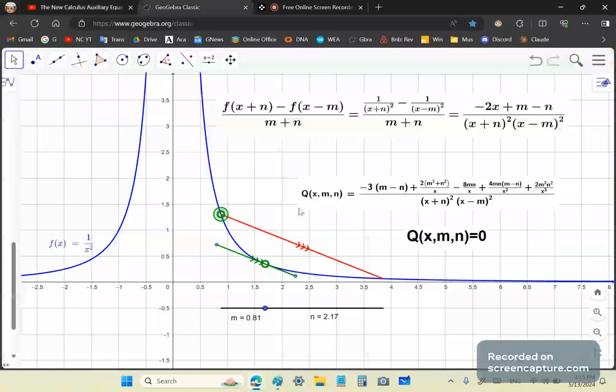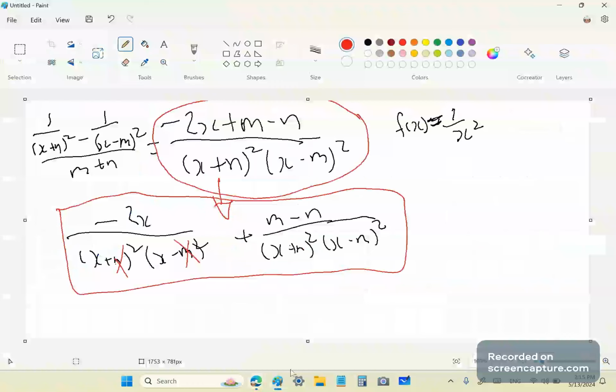And the closed form ends up being minus 2x over x to the fourth plus this. In other words, minus 2x over x to the fourth, which is actually just minus 2 over x cubed, plus q of xmn, right? So I hope I've explained that.